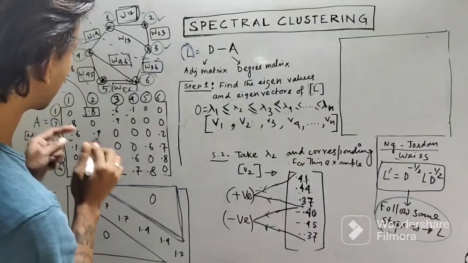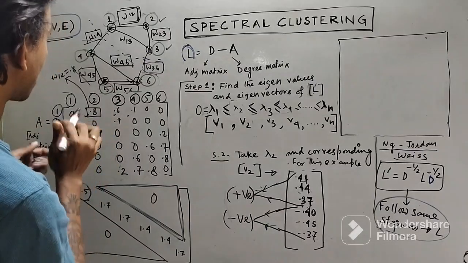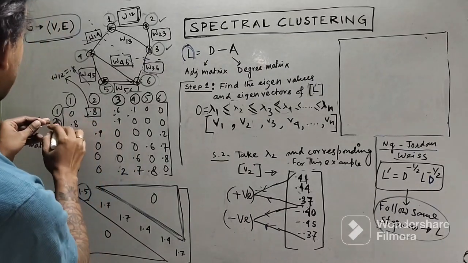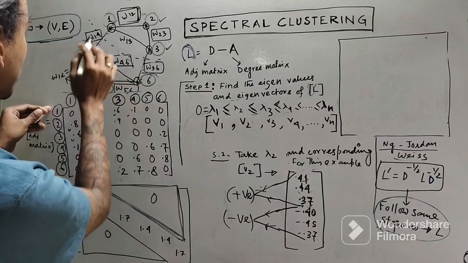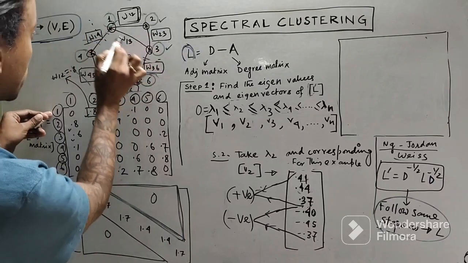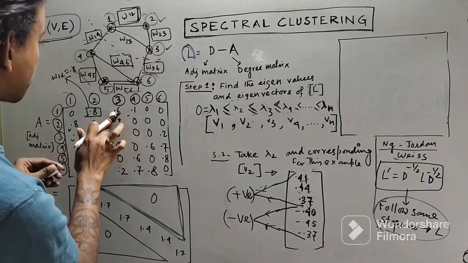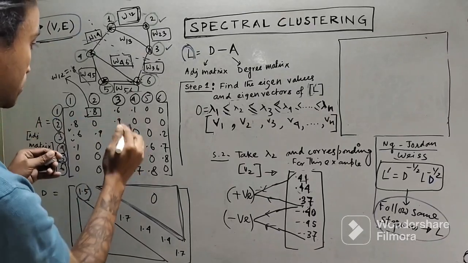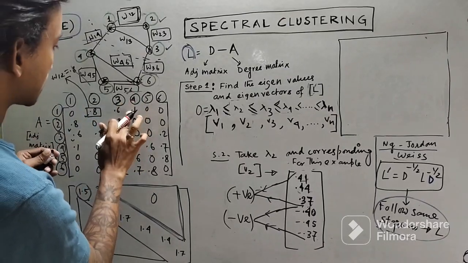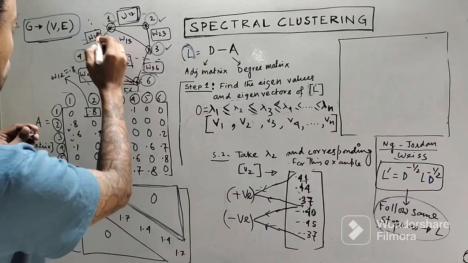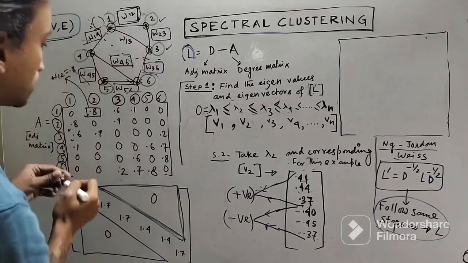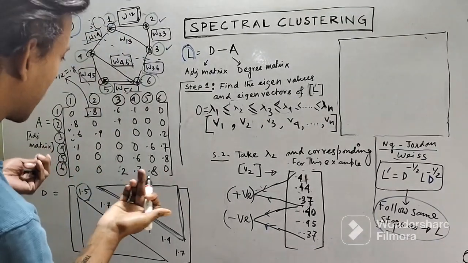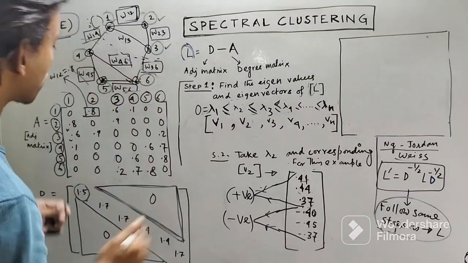Let us assume that the value of W12 is 0.8. Let us assume W13 is 0.6. In a similar way, W14, let's assume 0.1, and we put some values over there. I have just taken an example in this way.